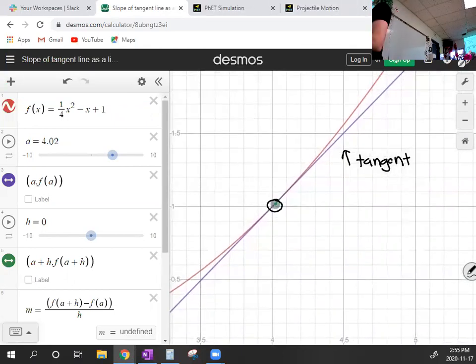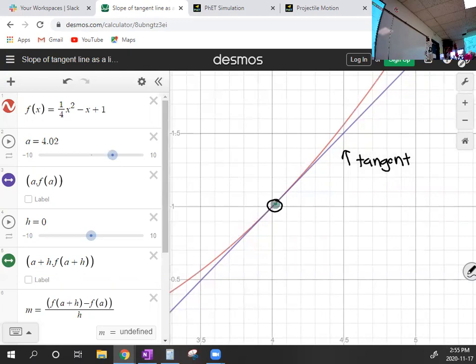If you look, when you zoom in, you can really see that the red line and the blue line are becoming more and more of a match in slope, right? So here's the definition of a tangent line. It's a line that touches a curve in one spot, but it matches the slope of that curve at that spot, okay?